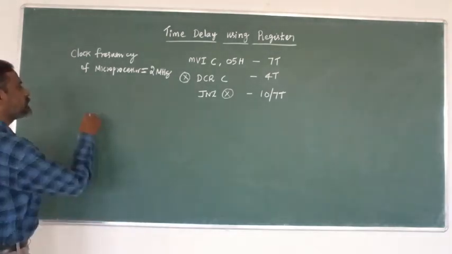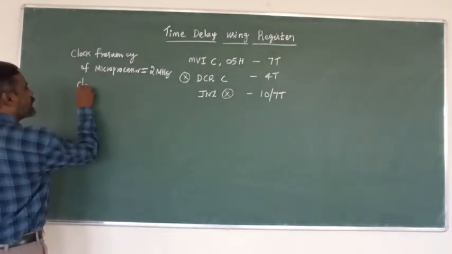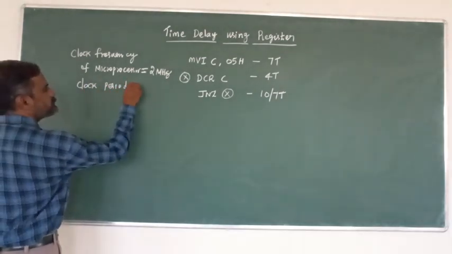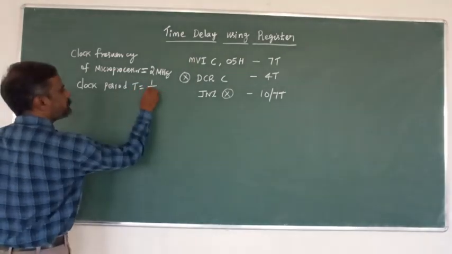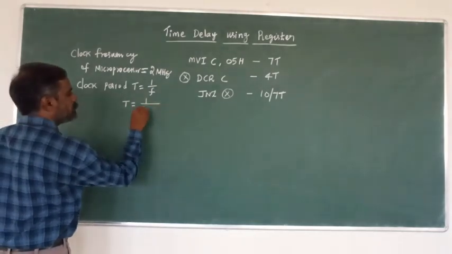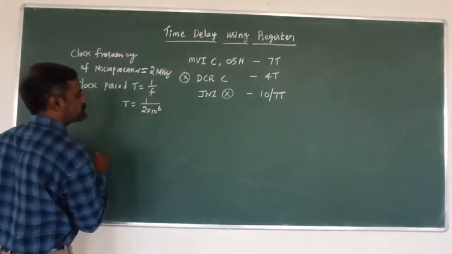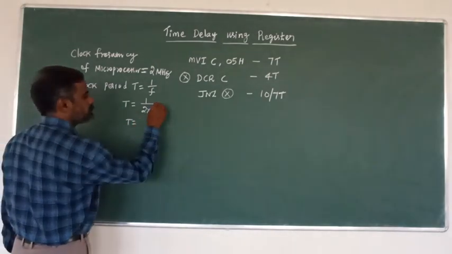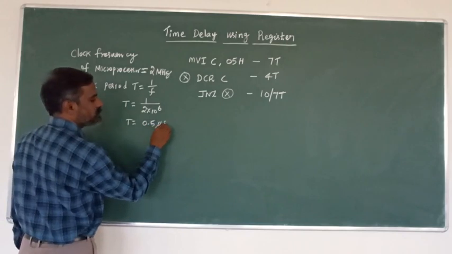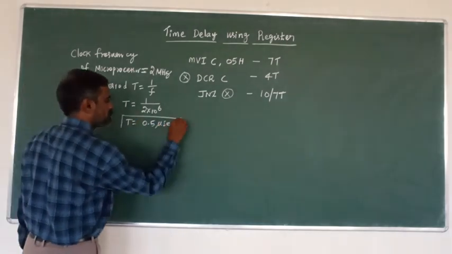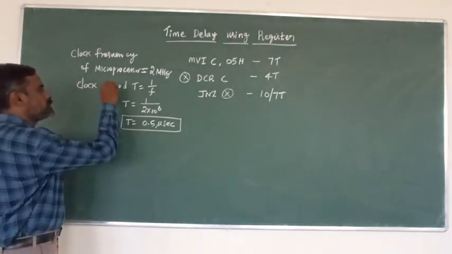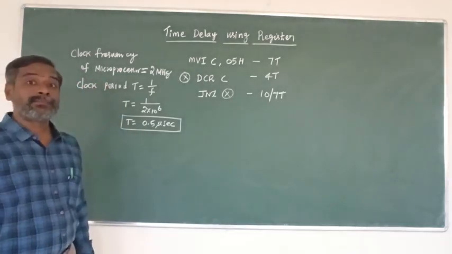Now to find the clock period, the formula is T equal to 1 divided by F. T equal to 1 divided by 2 into 10 to the power of 6, which is 0.5 microseconds for the clock period.